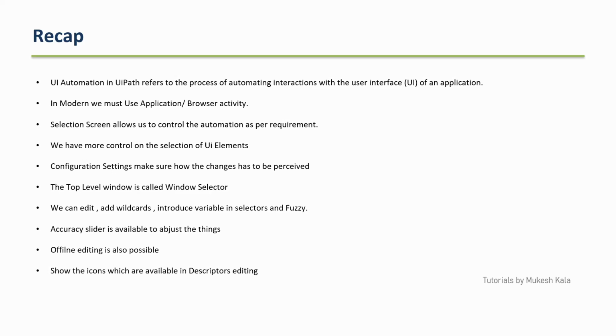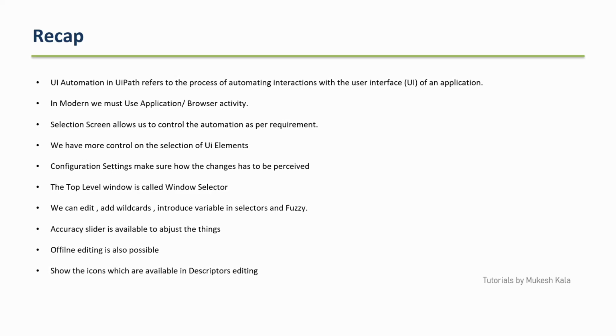We are looking at UI automation, which refers to the process of automating user interfaces. The first activity we should use is Use Application/Browser. We have something called the selection screen. It has a lot of controls which we can use as per our requirement. Configuration settings make sure how element changes are perceived, whether you want to manually save the changes or auto apply them.